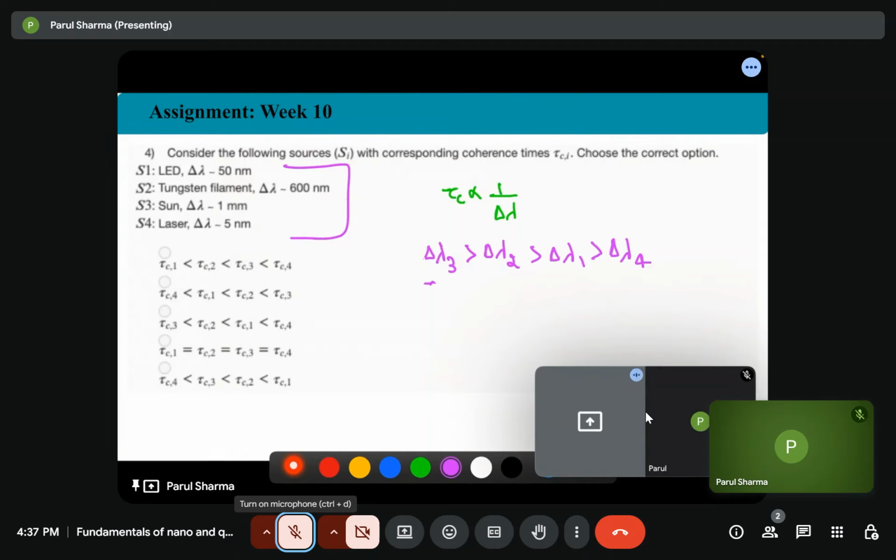So if the delta lambda is large, then the coherence time will be less. So for the sun, the coherence time will be the least, then for 2, C1, C4. So the correct answer is C3, C2, C1, and C4.